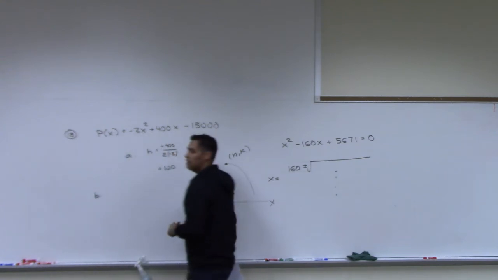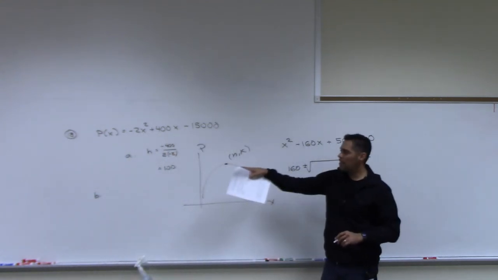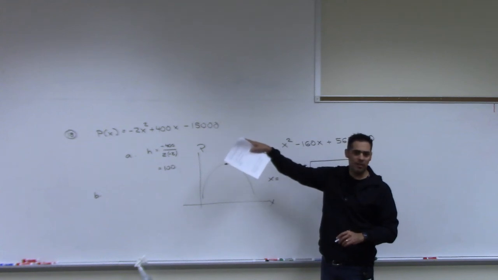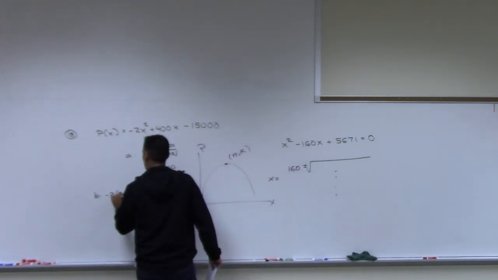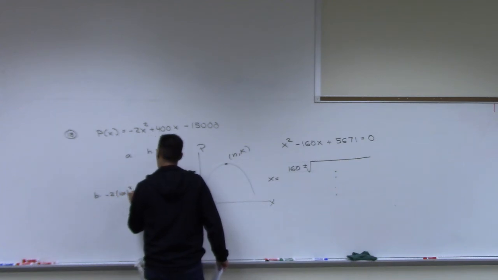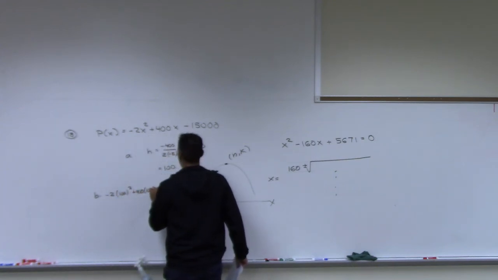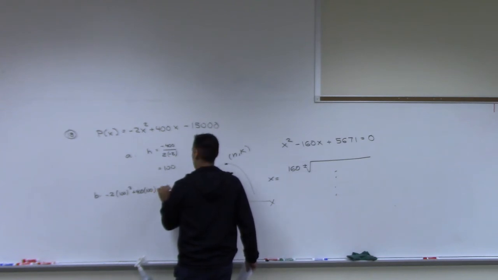k, but how do you get k? You plug that value of 100 back into this function and see what it spits out. So you're going to go negative 2 times 100 squared plus 400 times 100 minus 15,000.